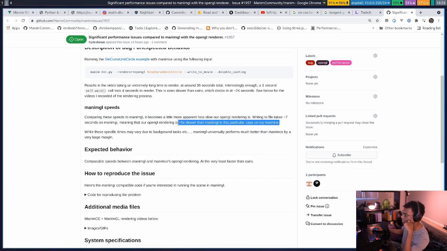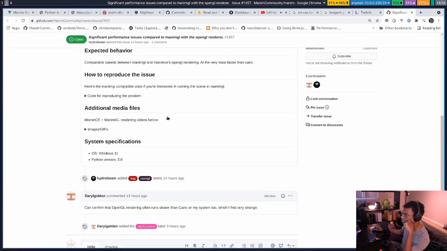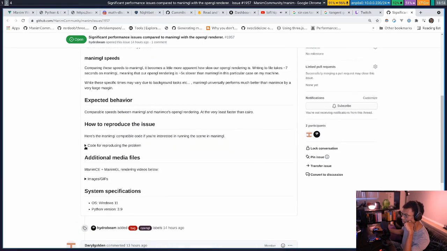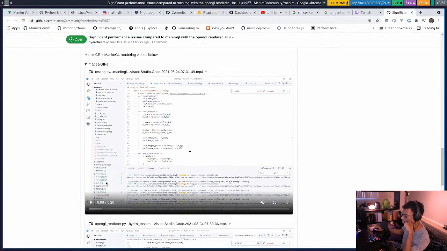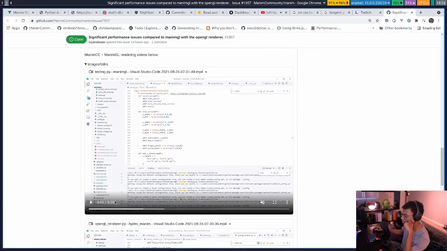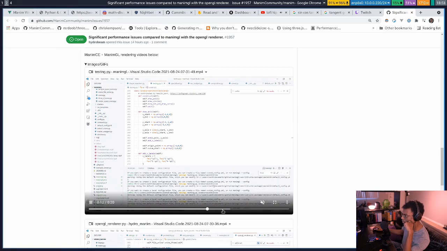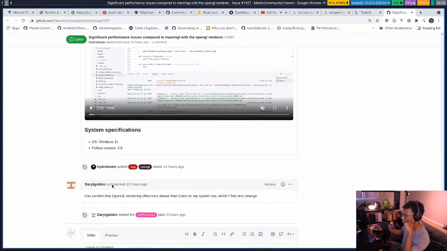If it's 5 times slower, then we're doing something really wrong, though. Now is it just rendering it?